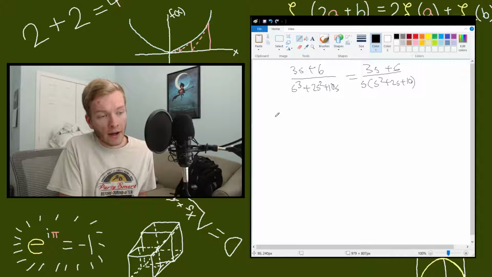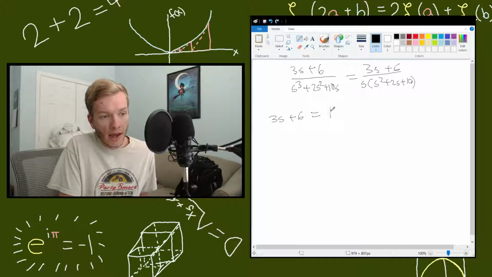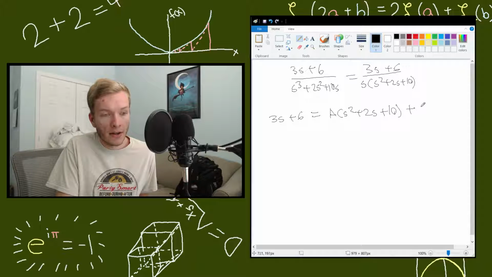So our 3s plus 6 is equal to a times (s squared plus 2s plus 10) plus s times (bs plus c).